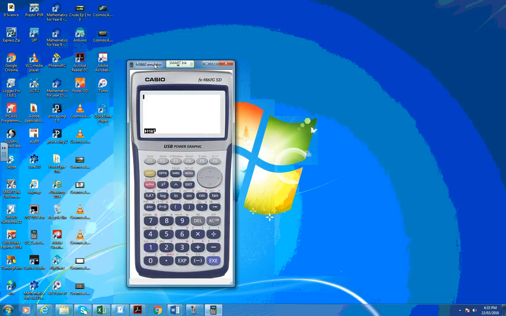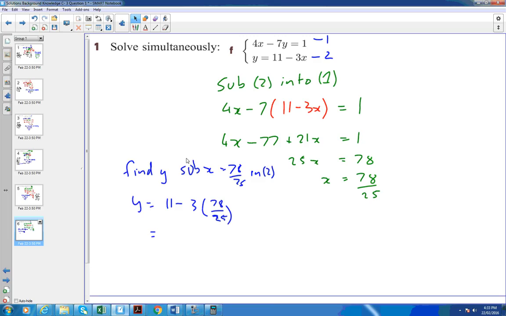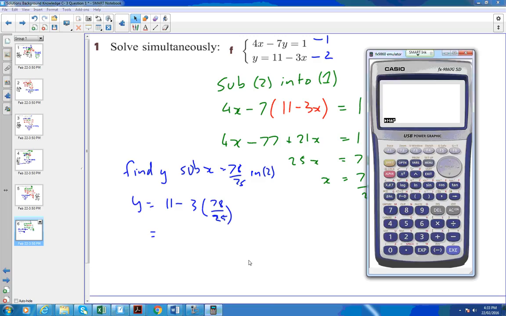Now my question again. So I have 11, take 3, bracket 78 over 25, bracket. So it's 41 over 25. So that was 41 over 25.